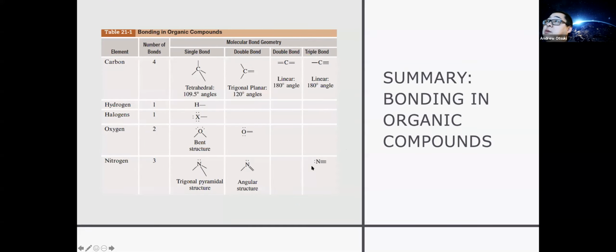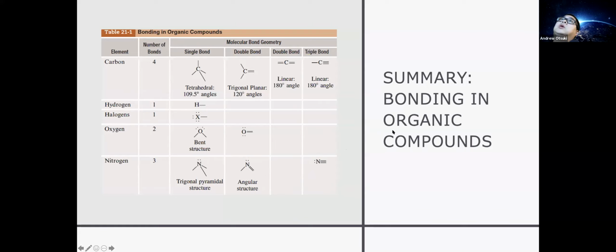That's way too unstable, so it likes double bonds or two bonds to oxygen. And nitrogen likes everything, so it'll be three groups, two, or two groups with a triple bond as well. So triple, double, single. Nitrogen is able to adopt many different types of bonding in its compounds.